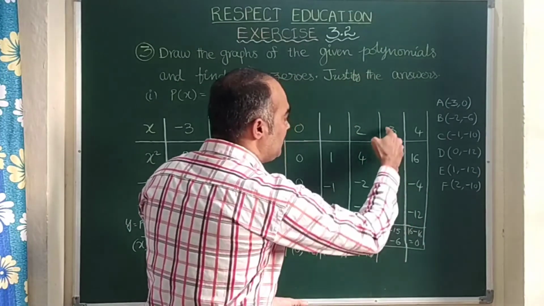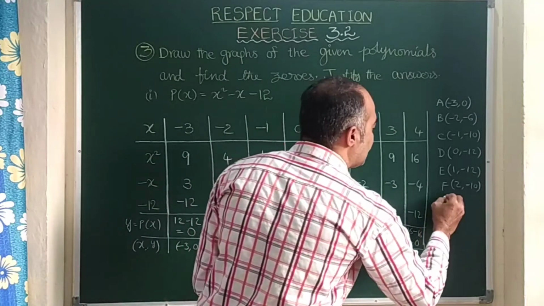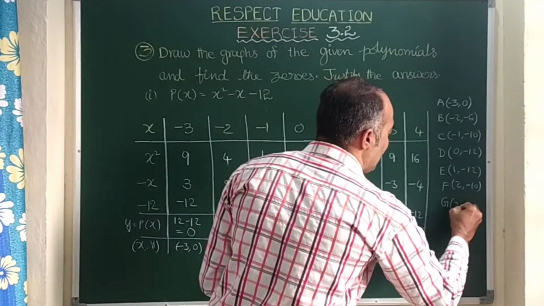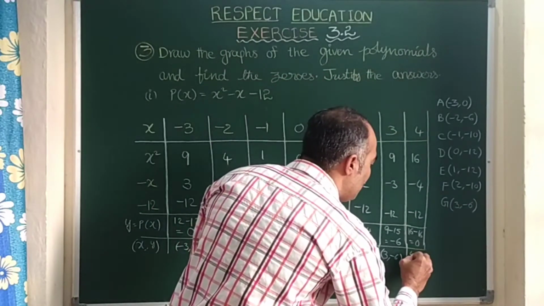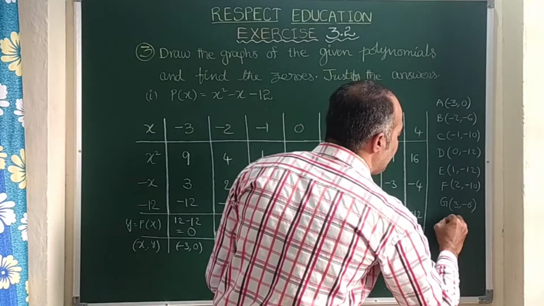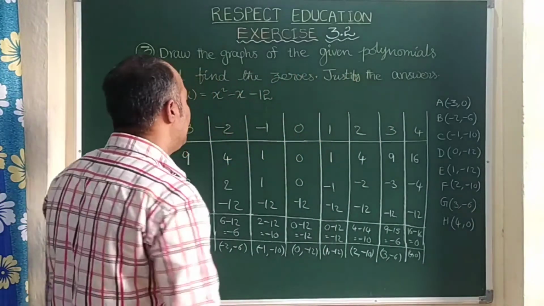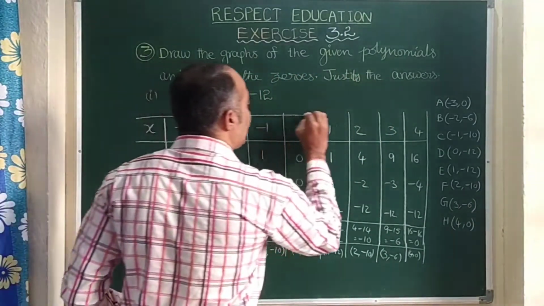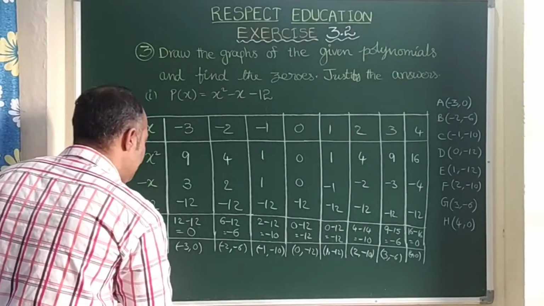Now next one, 3 comma minus 6, G, 3 comma minus 6. Last point, 4 comma 0, H, 4 comma 0, right? So here I would like to conclude this box.